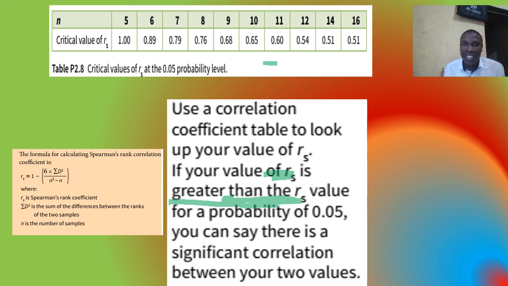So this means that there is a significant correlation between the two variables, and in this case the variables are species R and species S. There is a significant correlation. I guess you have understood. You need this table in order to fully make a conclusion like we have just made.